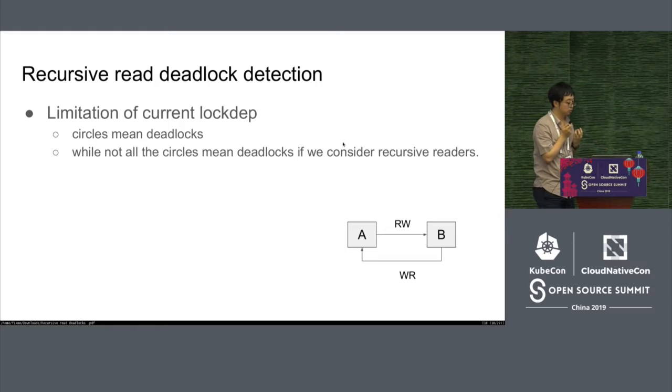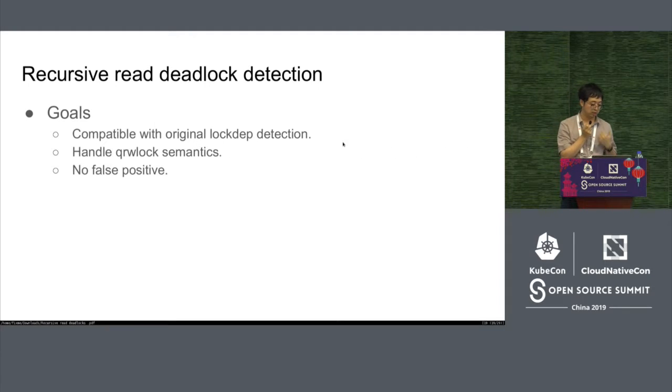So Lockdep, if you're just assessing the ring, then we'll be missing some of the conditions of the deadlock. We need to make several changes. First, we have to make sure the existing deadlock detection in Lockdep is working, and also we have to handle the queued lock, and we have to consider the false positive situation.